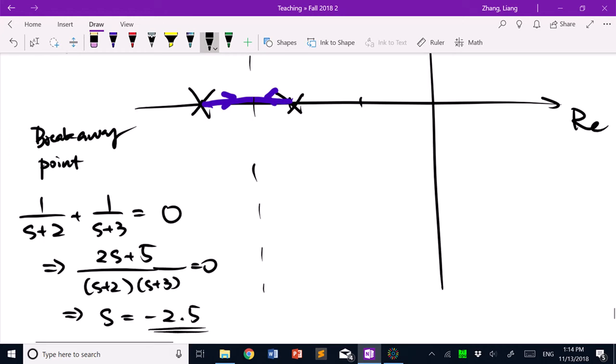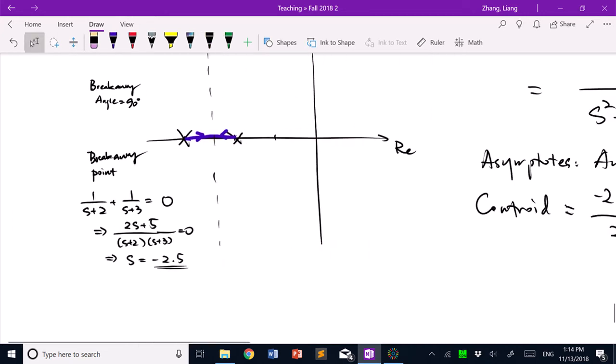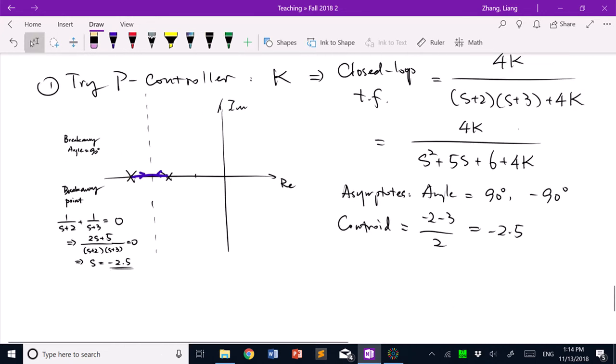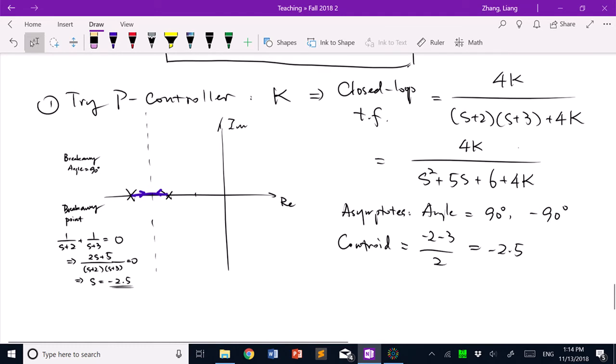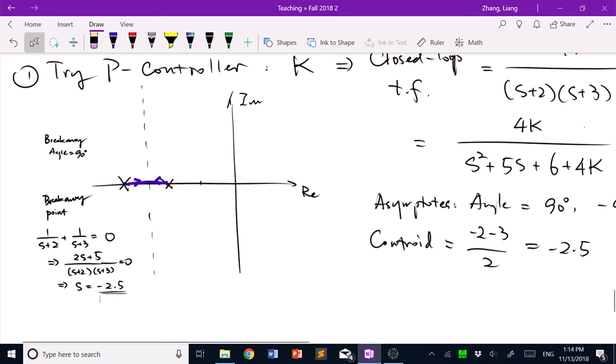Right here. And if you look at this, the negative 2.5, the breakaway point happens to be exactly equal to the centroid. And the breakaway angle is 90 degrees, also the same as the angle of your asymptotes. So this is what the breakaway will look like.